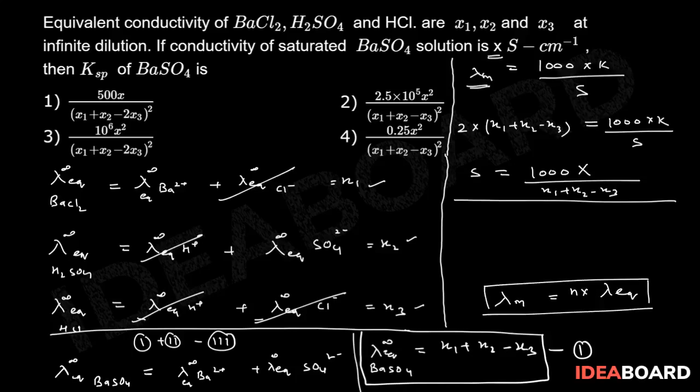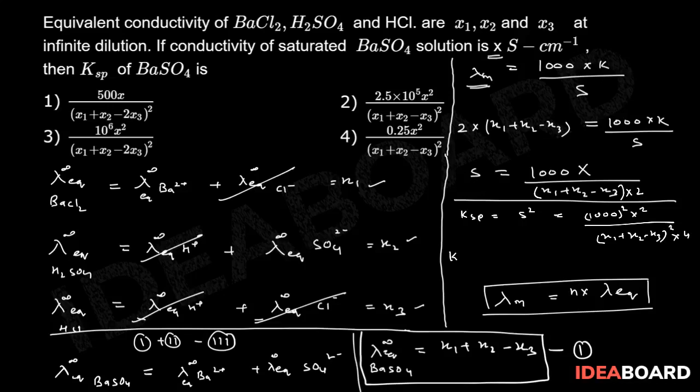Now BaSO4 is an AB type salt, and for an AB type salt the value of Ksp is S square. So the value of Ksp will be 1000 square X square divided by X1 plus X2 minus X3 whole square, multiplied by 4.